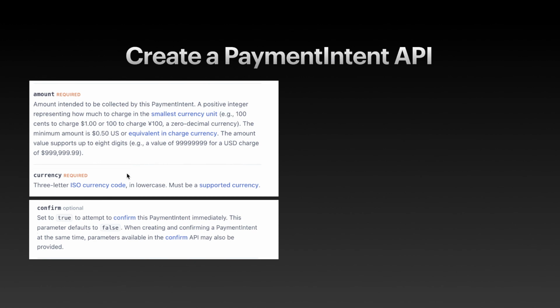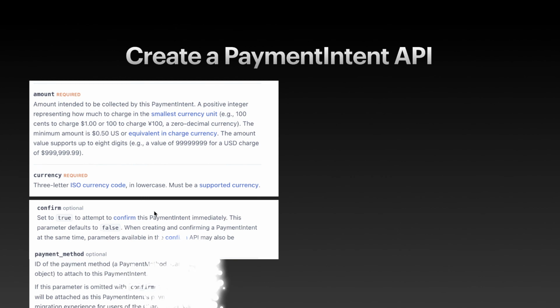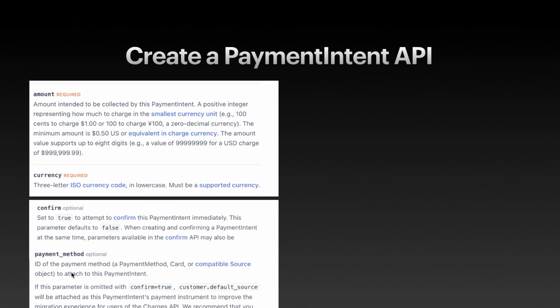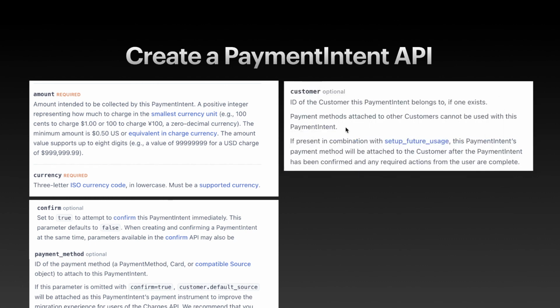You need to create this not in the front end but in your backend, where you connect with the Stripe API. Don't worry, this is only an overview. We're going to see step by step how to do this. I recommend attaching a payment method when creating a payment intent, and also the customer that is going to be charged.